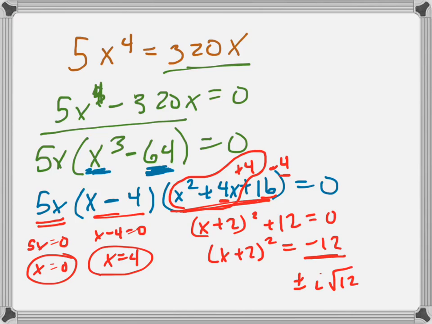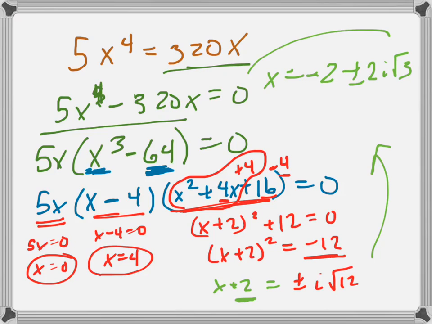Yeah, this is really going to be, I'll write it up here. It's going to be plus or minus 2i root 3, and remember that was x plus 2 equals that, so I have to get rid of the 2 by doing what? Subtracting it out front.